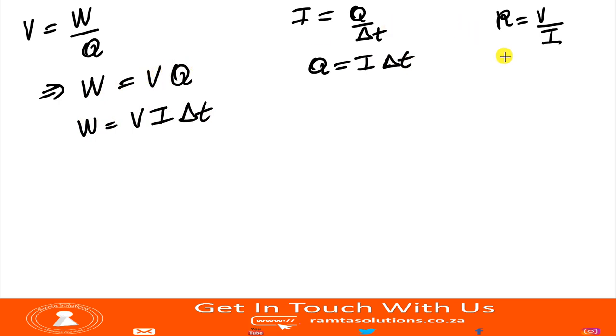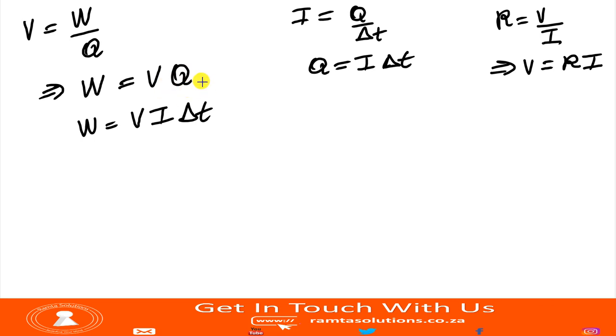From this formula, we find that V is equal to R I, or IR. So if I don't have V, I can substitute it and call this R I Q.